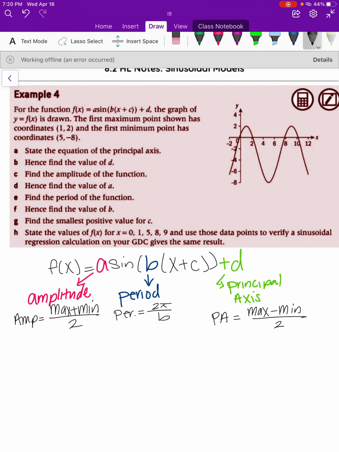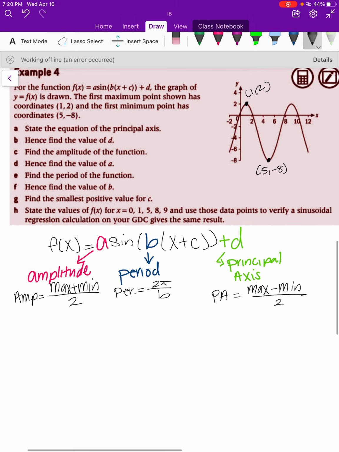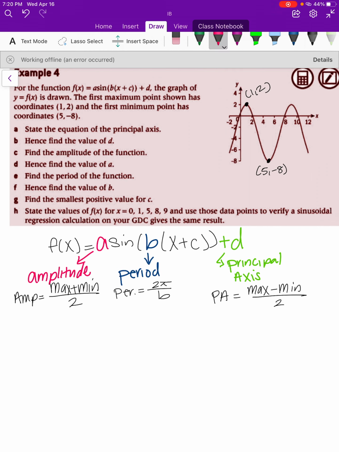So we need to write our function here from the given graph. They give us a couple of values, so I'm going to graph it as such. They tell you that we have something at 1, 2, which is a maximum. And they tell me I have another point, which is a minimum point, at 5, negative 8. So let's start by finding our amplitude. Or actually, let's go in order of this problem.